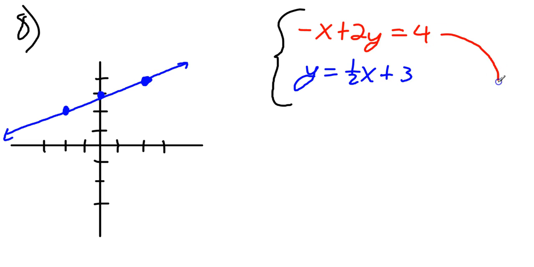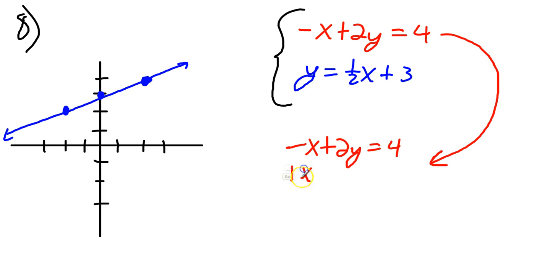Okay, and that first line, same thing. We've got to rewrite it in y equals mx plus b form. So we'll need to add the x to both sides, and then go back and divide everything by 2.